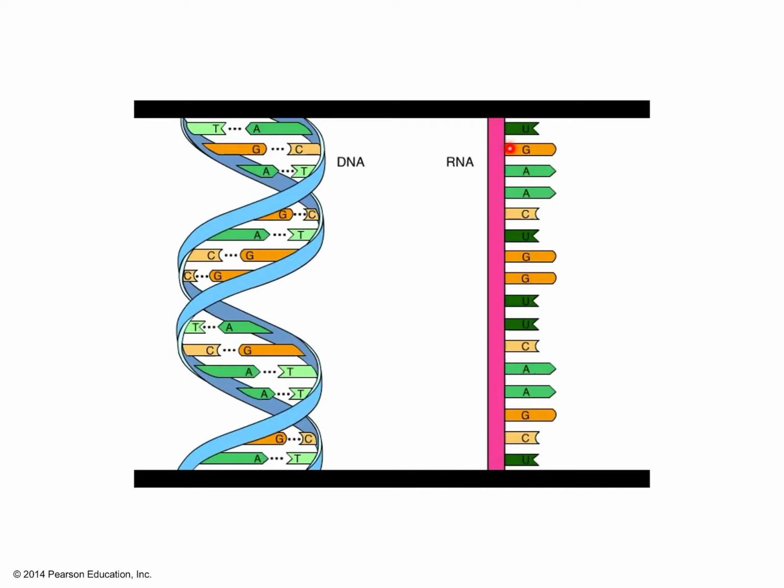So in pink, you see the sugar phosphate backbone with the various bases coming off to the side. And notice that in this case we have U's. So uracil there, uracil, uracil, and uracil. You don't have thymine or T in RNA. Okay, that's how you know that's RNA. Now, that's single-stranded. But in DNA, we would have another strand over here, and the bases would bond together.